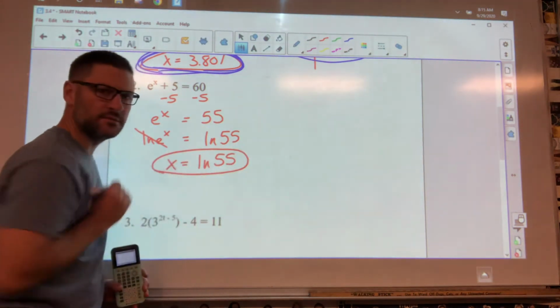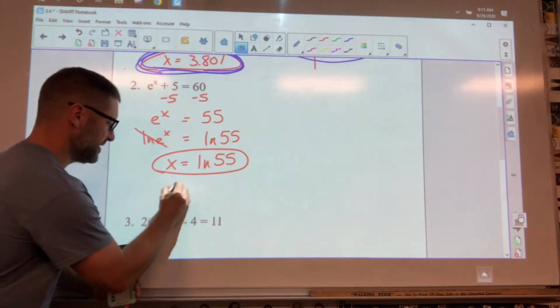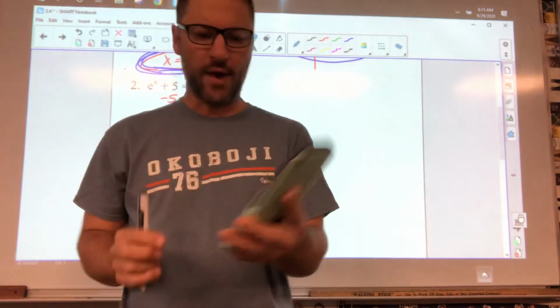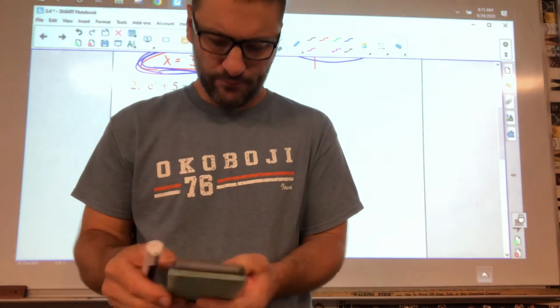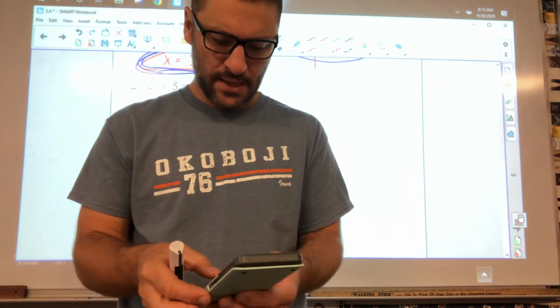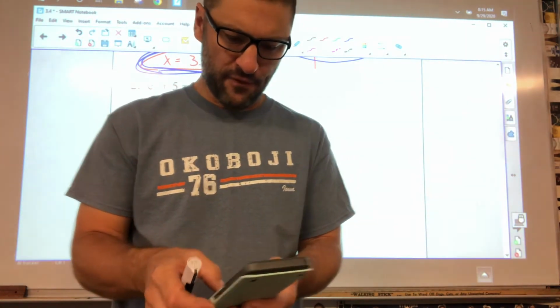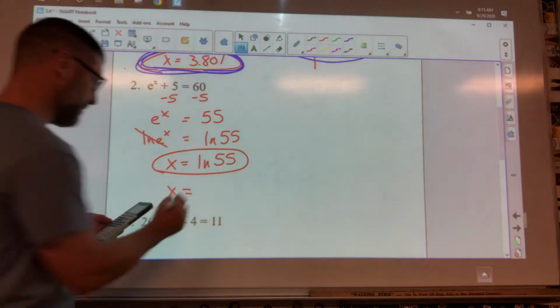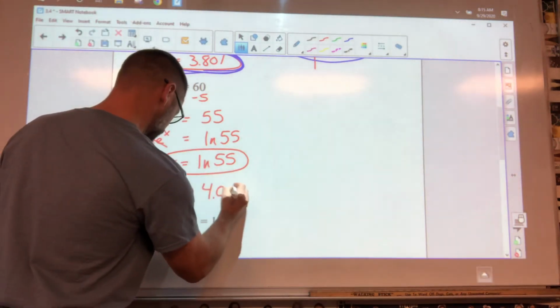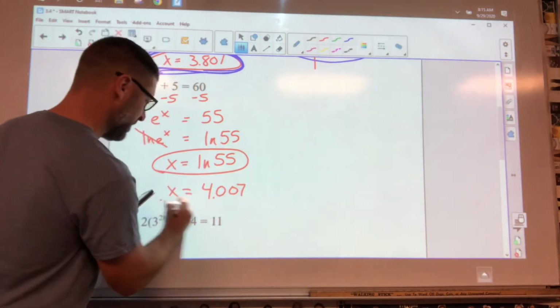Exact answer: x equals the ln of 55. Decimal answer: the ln of 55 is 4.0073 something.